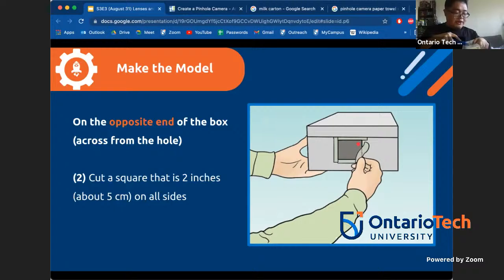If you don't have your materials available on hand, that's totally okay. The video is going to be posted on our YouTube live channel, and I do encourage you to follow the activity in your own time, just so that you're able to understand how pinhole cameras work, as it might be a bit tricky to understand how that image is inverted once you use your camera to view an object.